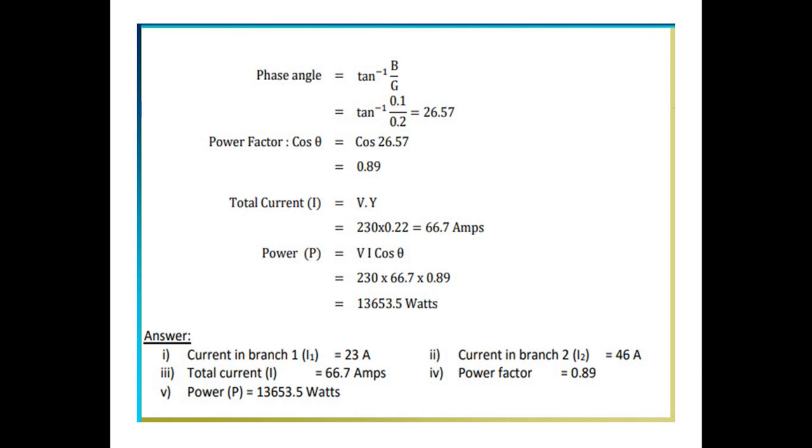Then power is equal to V into I cos theta, 230 into 66.7 into 0.89, that is equal to 13,653.5 watts. Answer: branch current I1 is equal to 23 amps, branch current I2 is equal to 46 amps, total current is equal to 66.7, power factor is 0.89, and power is equal to 13,653.5 watts. Thank you.